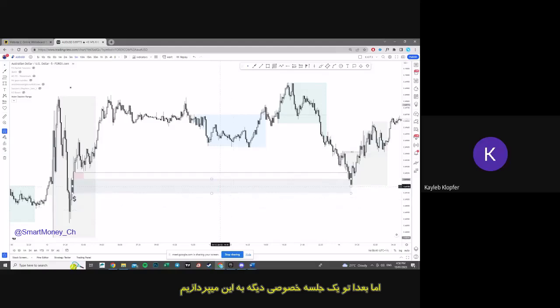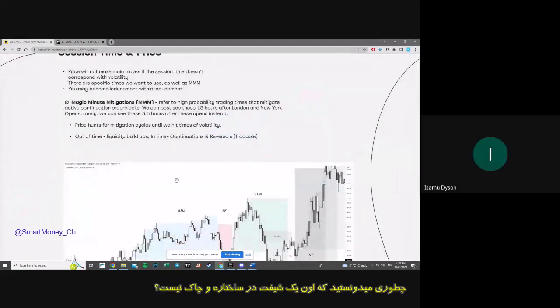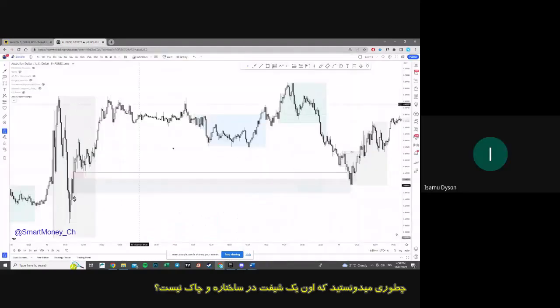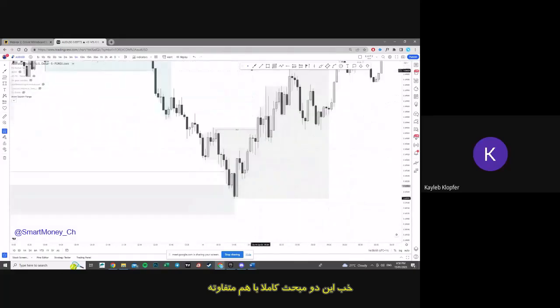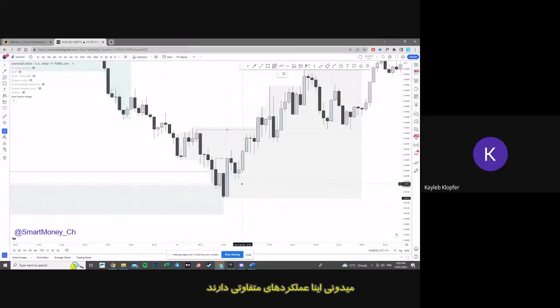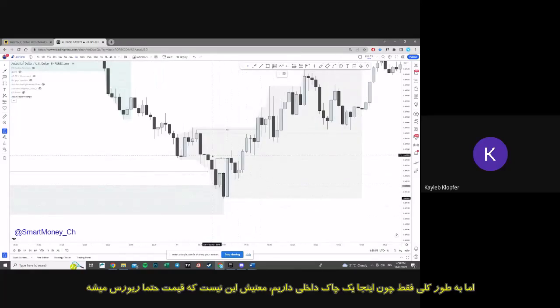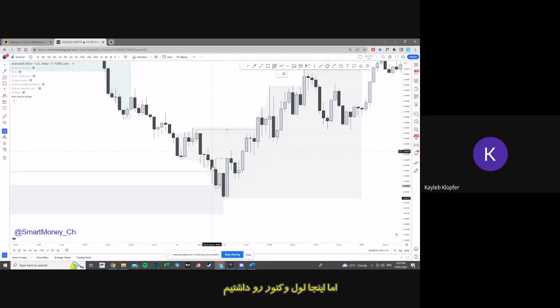And how did you know that was a market structure shift and not a change of character? Well, they are independent in the way that they have different functions, but essentially, because we had an internal change of character here, it doesn't always mean that we're going to reverse from it.